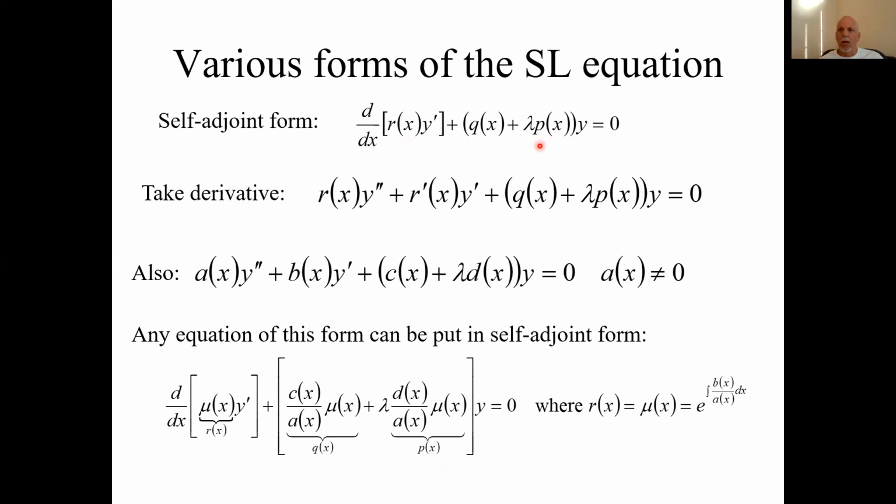Because that makes the weighting function apparent. In this format, we don't know what the weighting function is. This relates how the A, B, C, and D relate to the R, Q, and P. We'll do an example of how to go from this form to that form in a little bit. Let's first look at this form then.